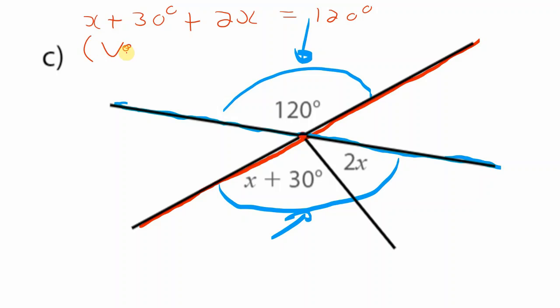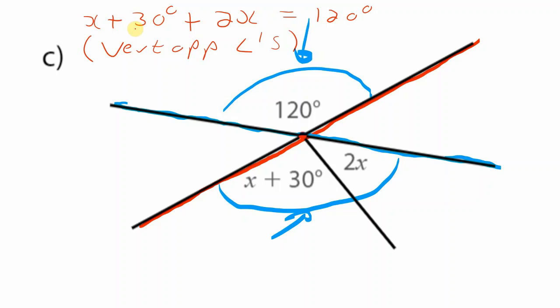Reason: vertically opposite angles. We know they are equal. So now we have our statement, we have our reason, we have an equation, we can solve.